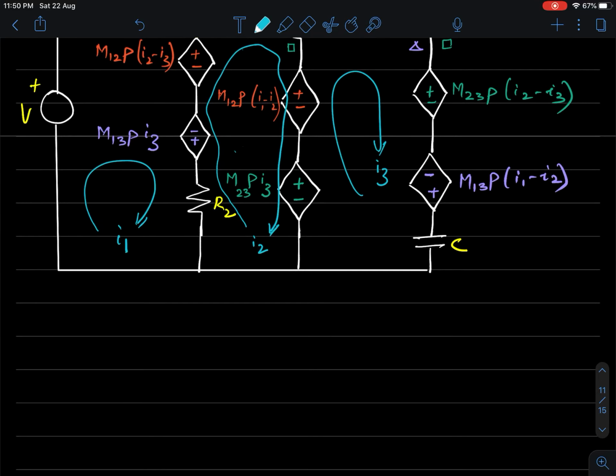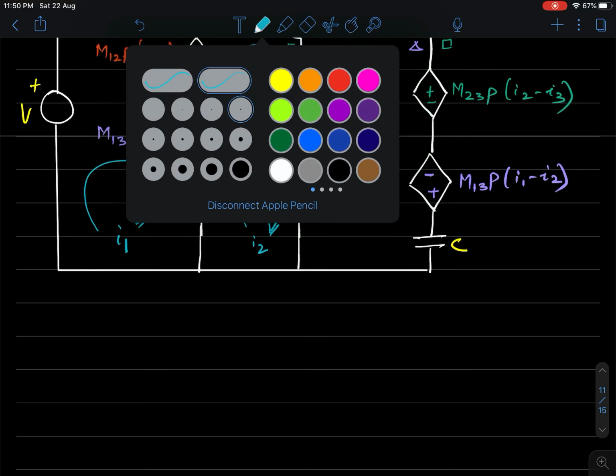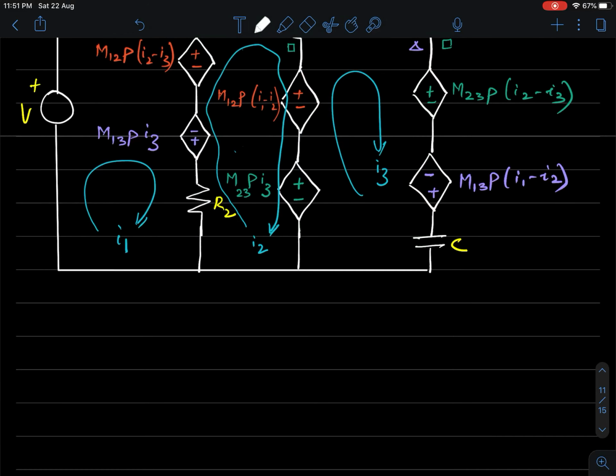So what I mean by P, everywhere I have used the operator P, is d by dt. And we know the EMF in an inductor is L di by dt, which is a self-induced EMF, or it is M di by dt if it is a mutually induced EMF.